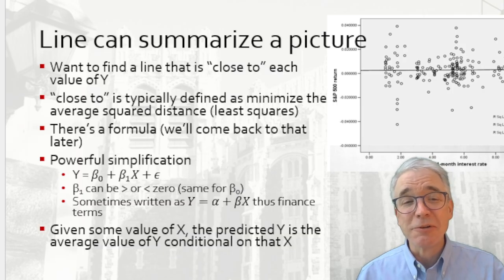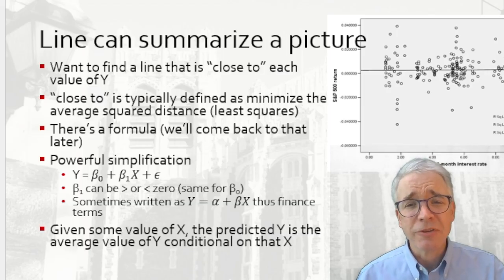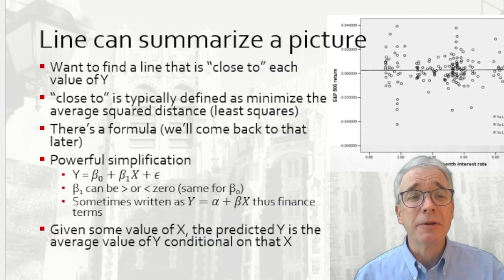Only if there's 0 relationship are you independent. Sometimes you do, sometimes you don't. That's a 0 relationship. Independence. Estimating beta 1 equal to 0 would be a case where there's no relationship, such as the line in that other graph that I've shown.